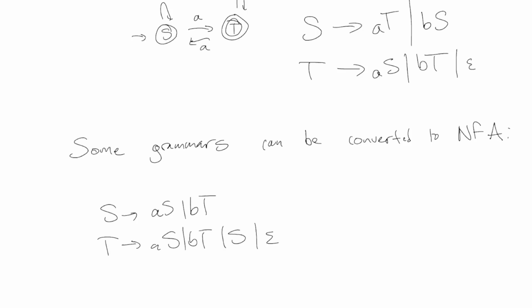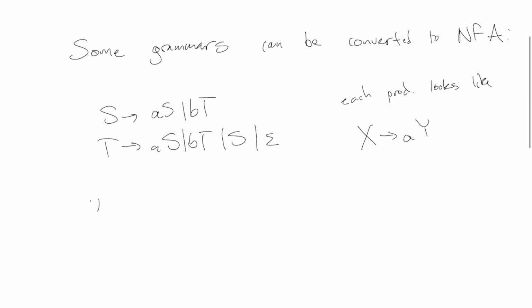This one has the same general structure, so each production looks like X goes to AY, where the non-terminal goes to a little letter followed immediately by a big letter. Perhaps there's an epsilon in there also, which indicates accepting states. If they all look like that, then you can directly translate this back into an NFA.